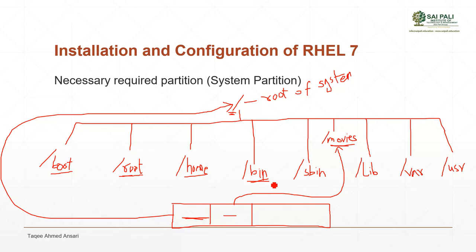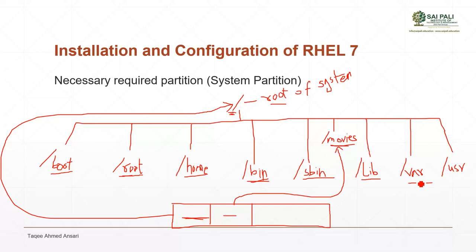But the administrator commands are in this directory, that is sbin, super user binary. All the commands in this directory can be run only by root. No other user can run them. The lib directory has all the required library files. Variable data goes to the var directory.